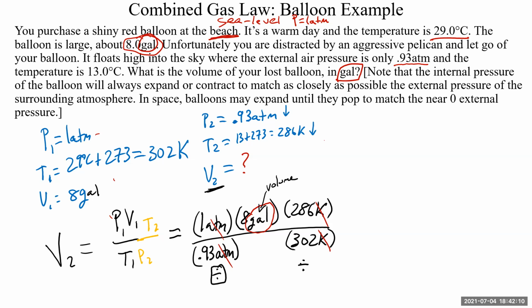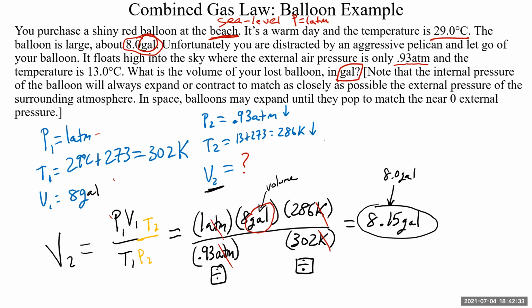Divide 302, and I get 8.15 gallons. So I started at 8 gallons, so the balloon grew to 8.15 gallons.